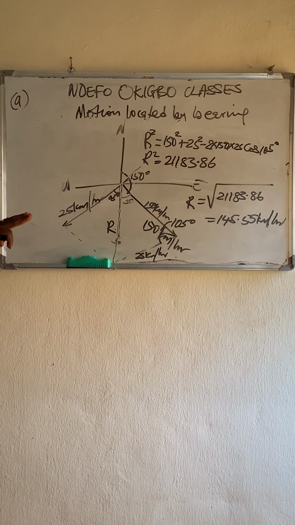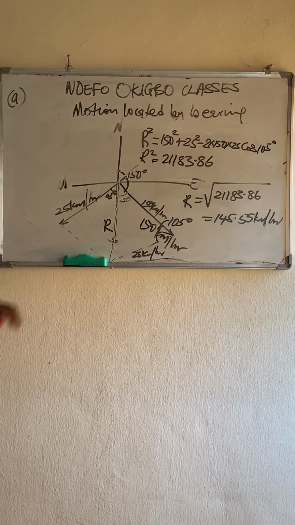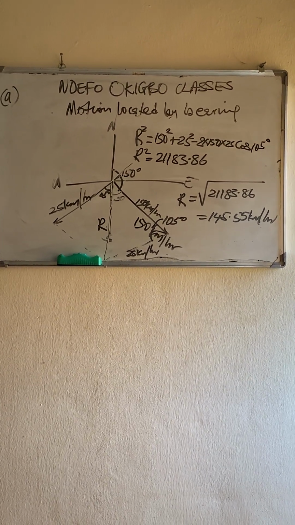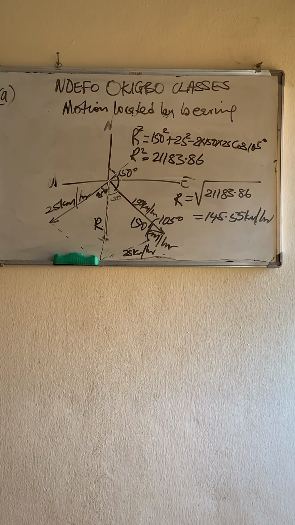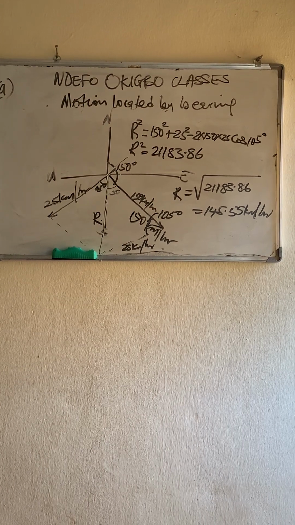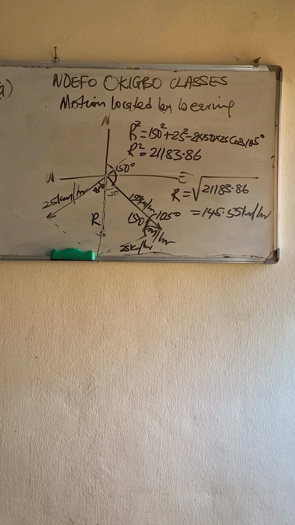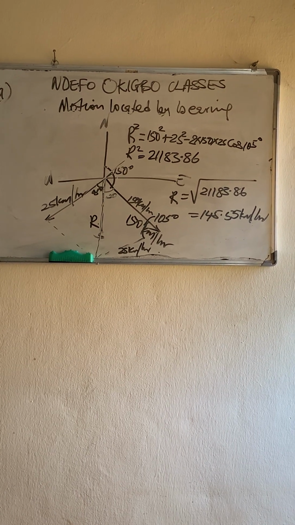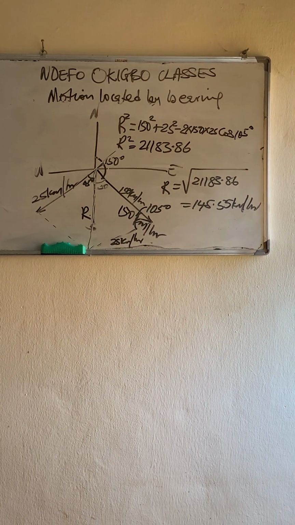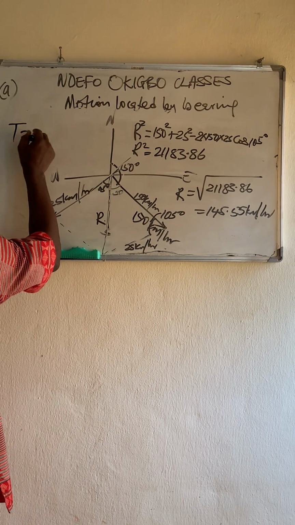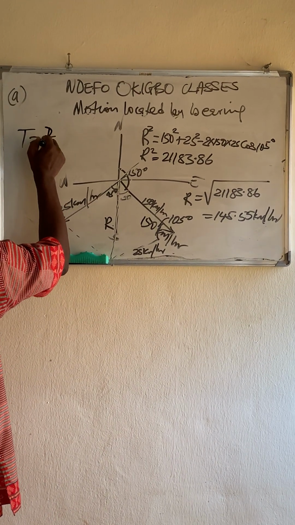So this is the final speed of the helicopter. Now we are told that it took off at 12 noon. So we check how long it took to cover the 300 kilometers. Time is equal to distance over velocity.